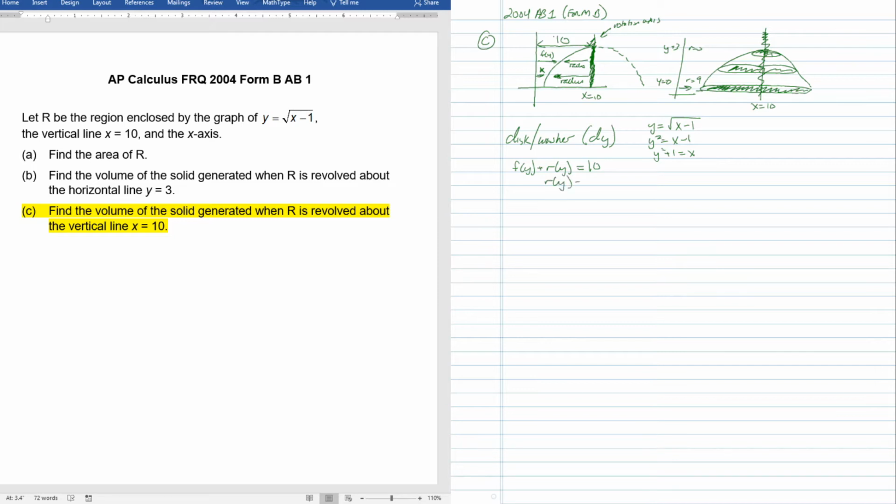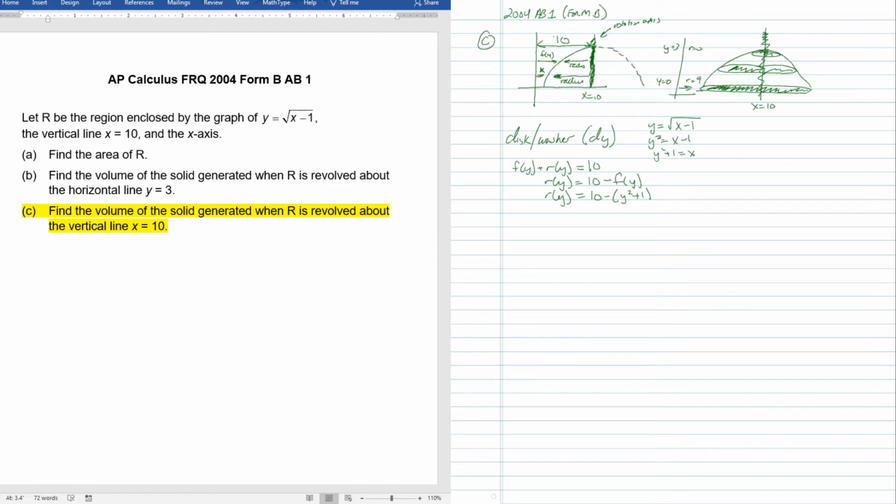Therefore, the radius at y is going to equal 10 minus f of y. Since f of y was determined to be y squared plus 1, that is going to be our radius with respect to y.